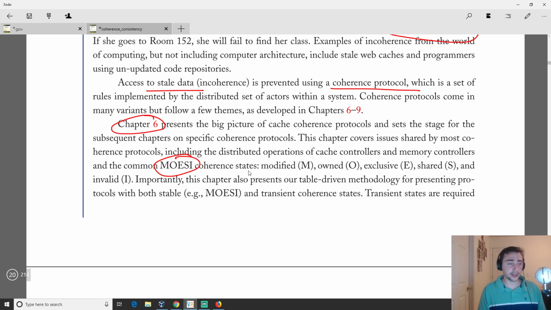When we talk about these coherent states, we're talking about how every single cache block inside of a cache has a coherent state. For the case of MOESI, this stands for modified, owned, exclusive, shared, and invalid.